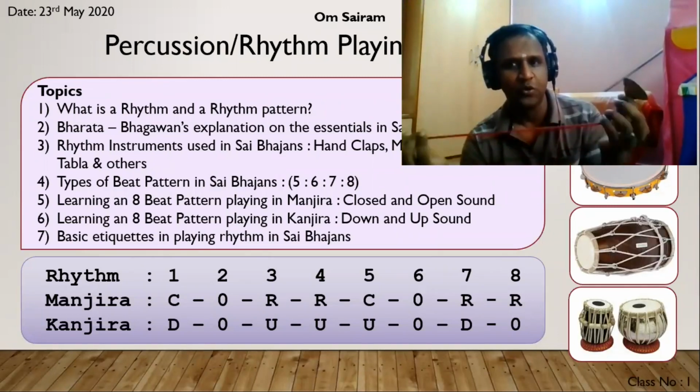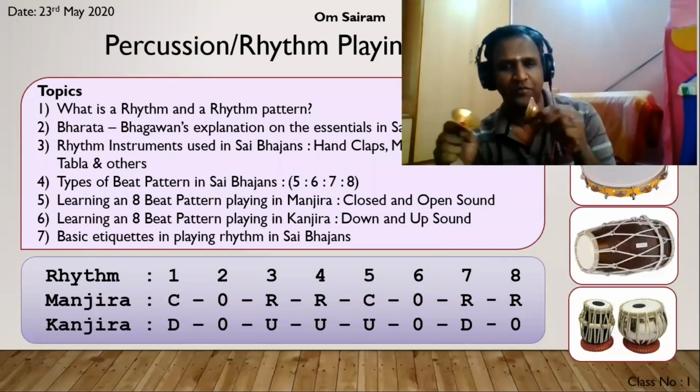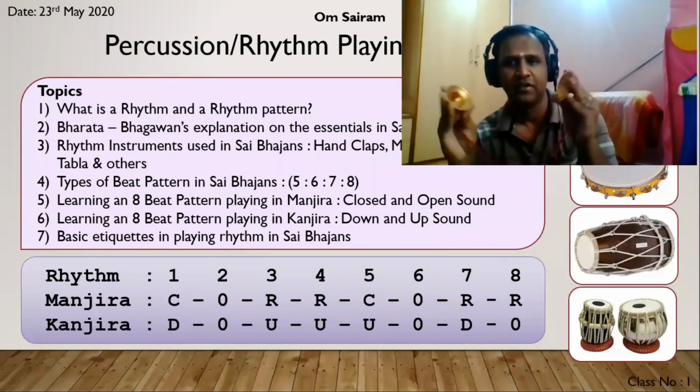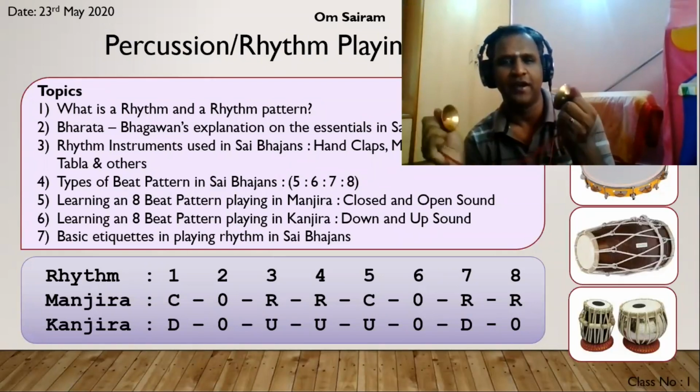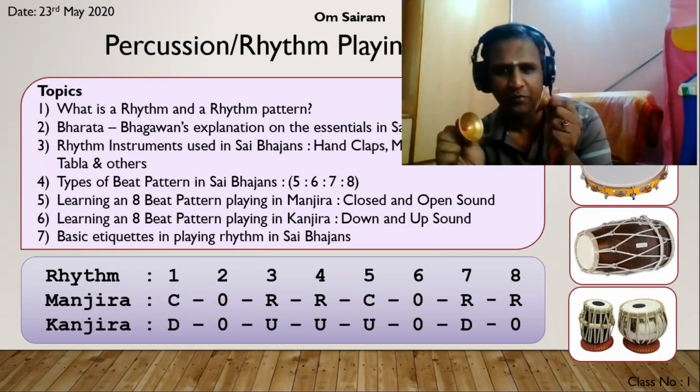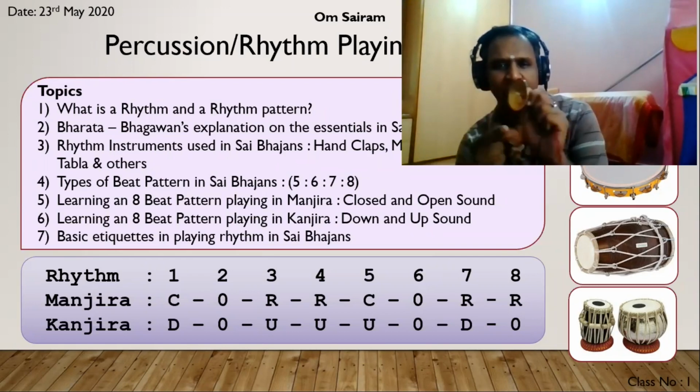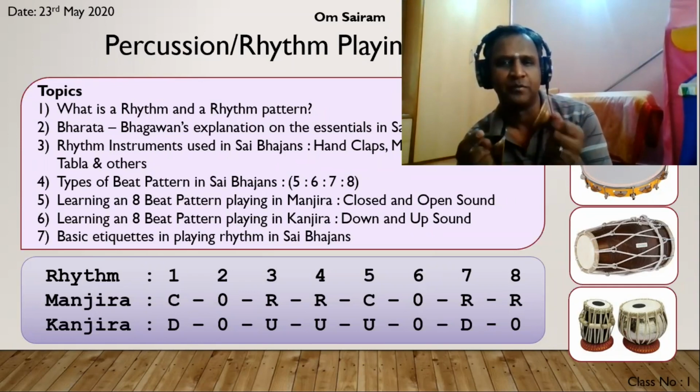The way you have to hold it is basically you should hold the tip of the Manjira. You should not hold it like this. These are wrong techniques to hold a Manjira. You should always try to hold towards the end. Very minimal part of your fingers should be touching the Manjira.